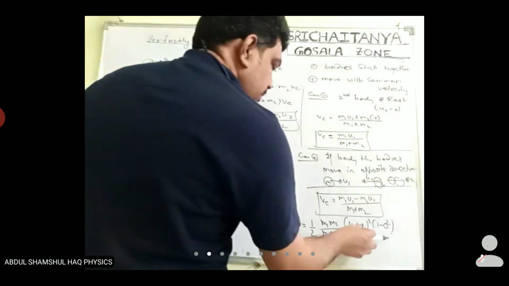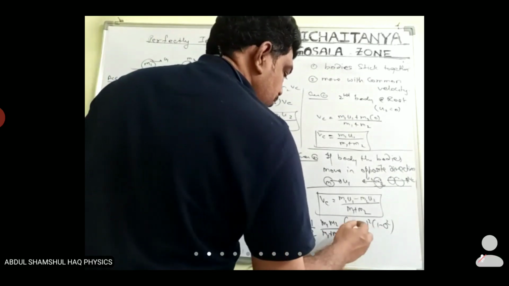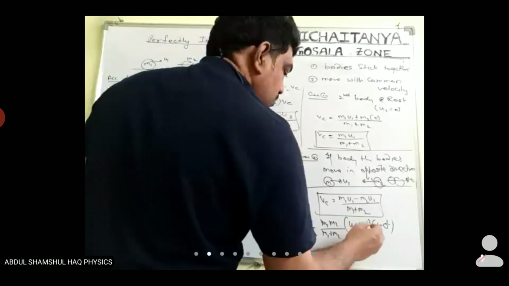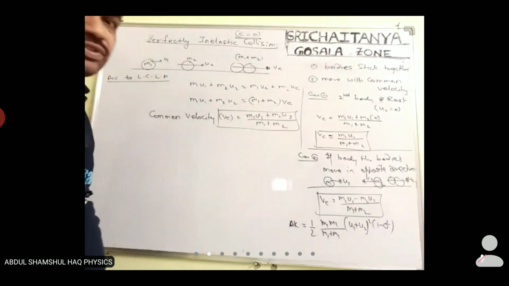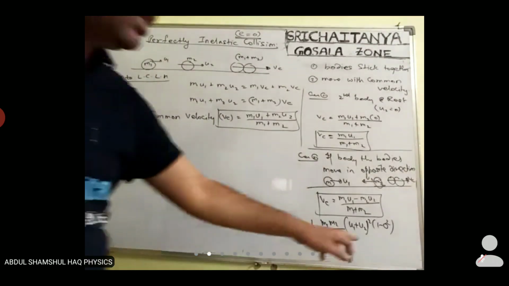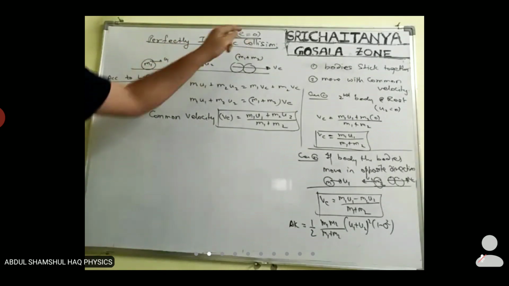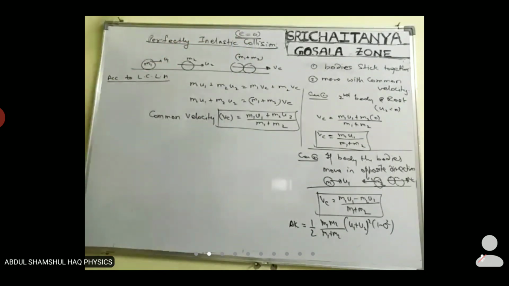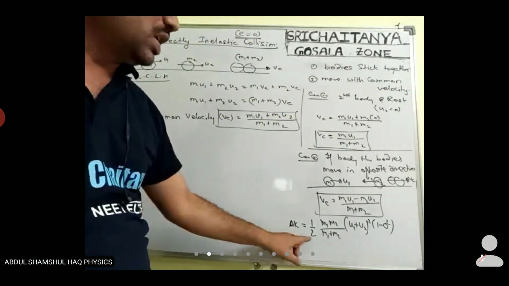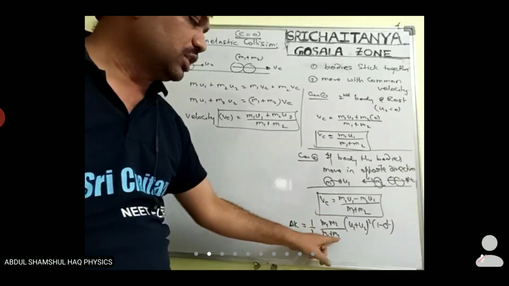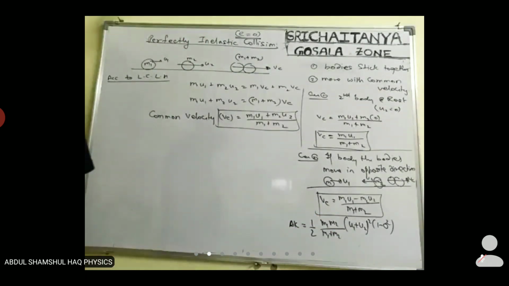So here we mention u1 plus u2 whole. Students, why did I keep small e as 0? Because for perfect inelastic collision, small e is equal to 0. So delta K is half m1 m2 by total mass m1 plus m2, into (u1 plus u2) whole square.